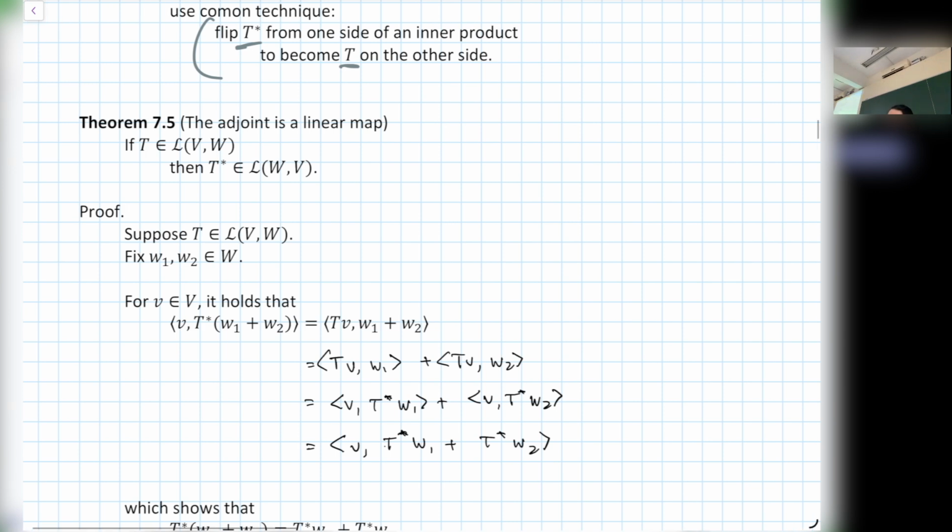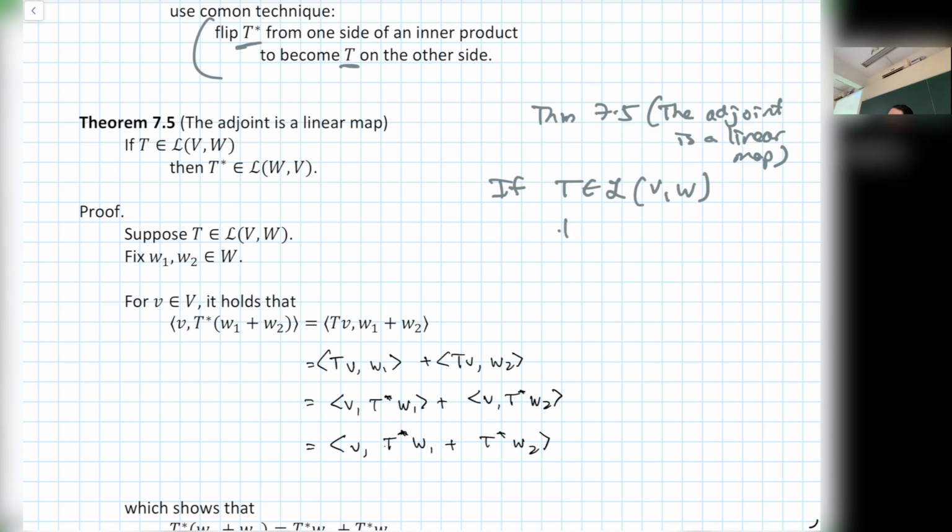Okay, so let's state the theorem statement more clearly. It says the adjoint is a linear map. If T is a linear map from V to W, then T star is also a linear map from W to V. Okay, so how do you prove this?